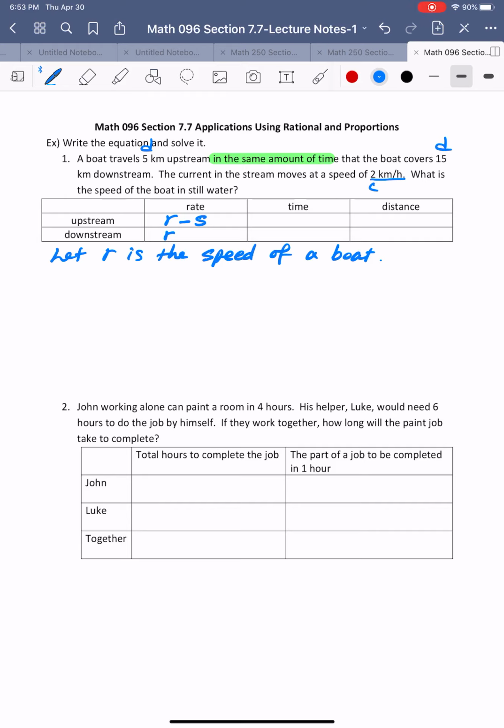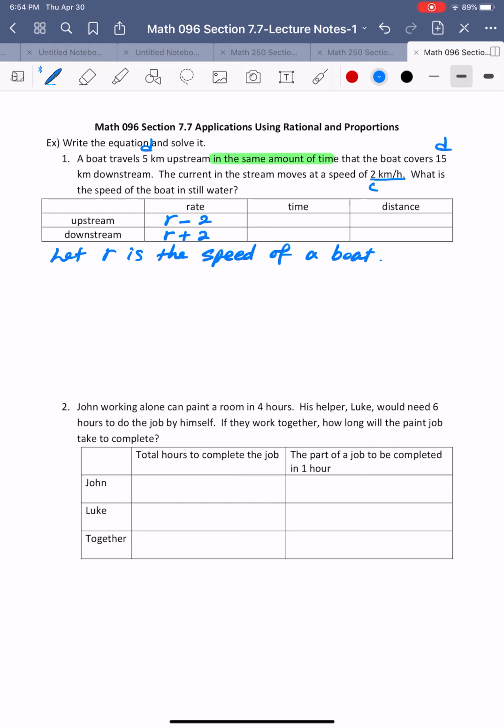Downstream, the water and the boat go together, so the boat goes faster, so you add the speed of the current, which is 2. So it makes a different speed going upstream and downstream.